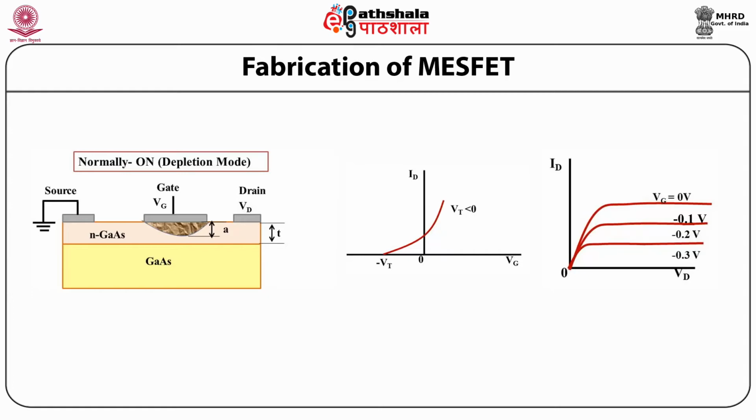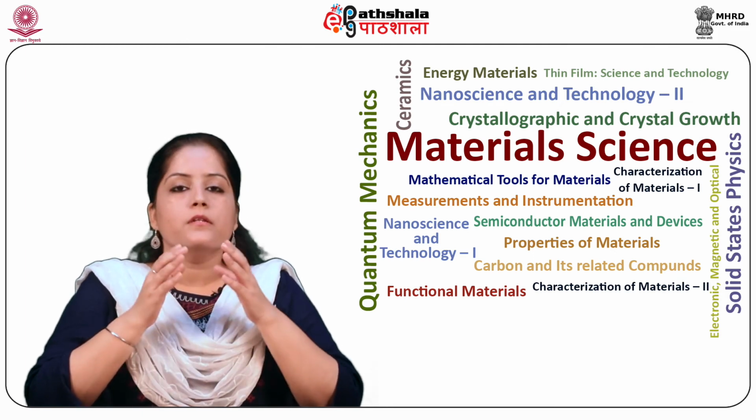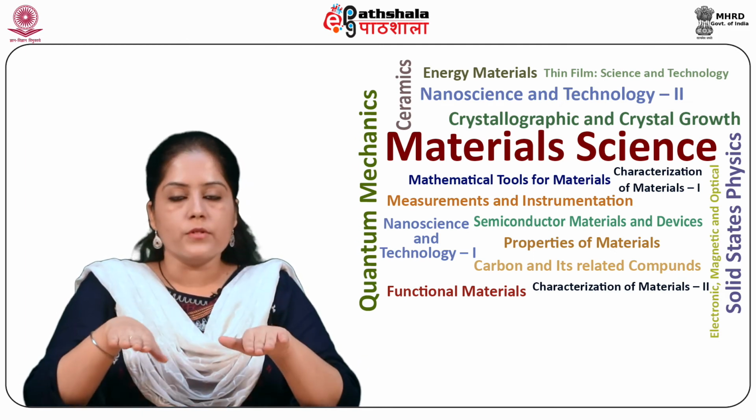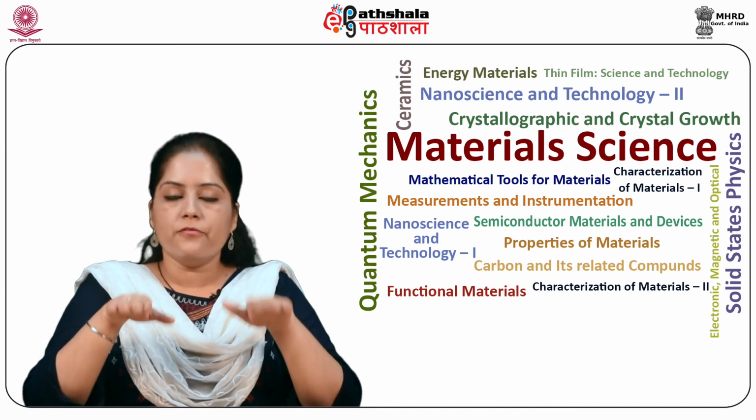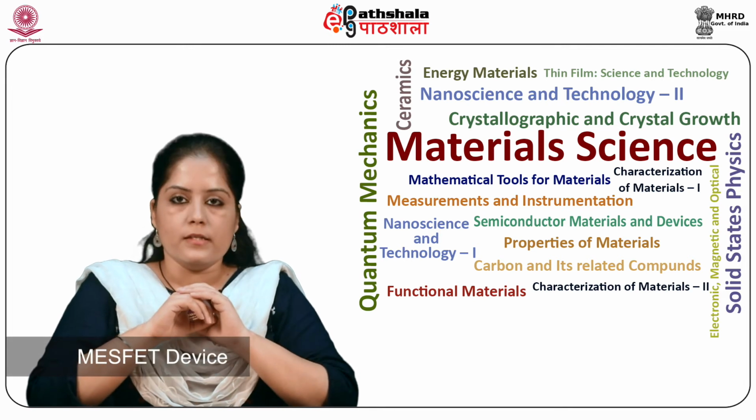Here also the curve between ID and VD is shown, where VG starts from 0 volt and then continuously varies towards the negative side. IV characteristics. The source is grounded and acts as a reference voltage, that is 0, for the MESFET device.